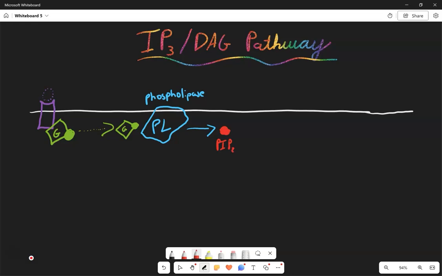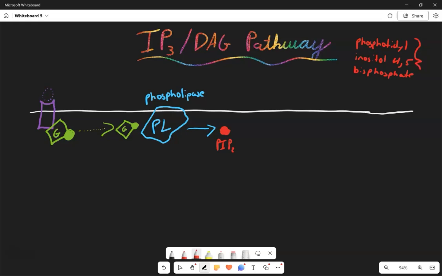And this molecule is PIP2. Okay, so PIP2 stands for, and I'm going to write it up here at the top, phosphatidylinositol 4,5-bisphosphate.